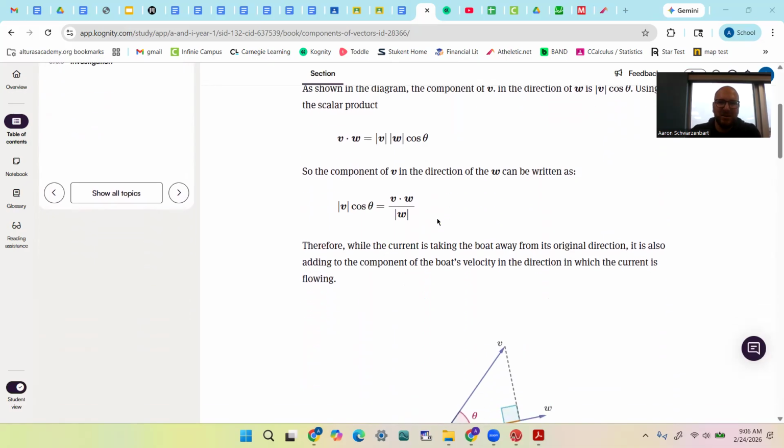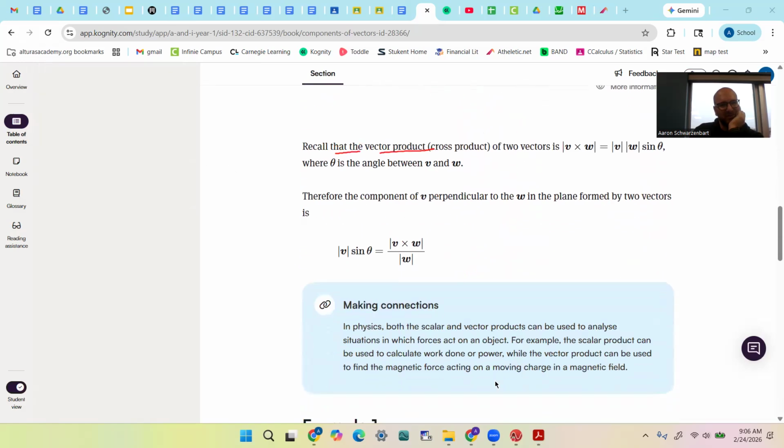So the component of V in the direction of W is magnitude of V times cosine theta, or V dot W, because we had this formula. So if you divide it by magnitude of W, you get that. So this is where the dot product becomes useful again.